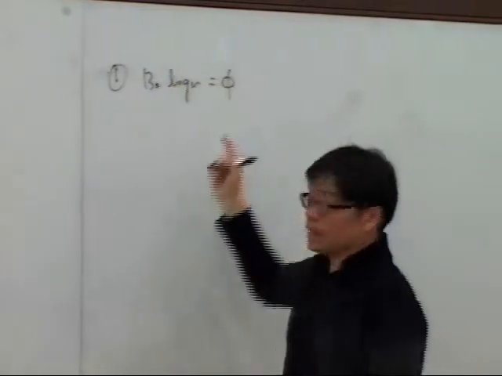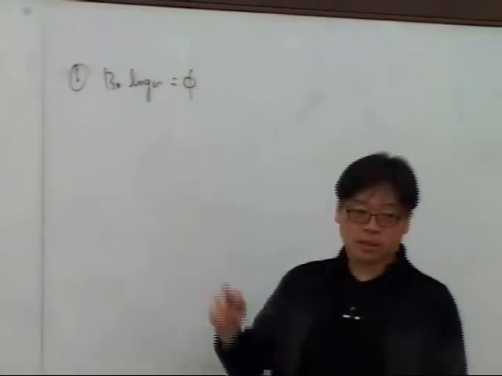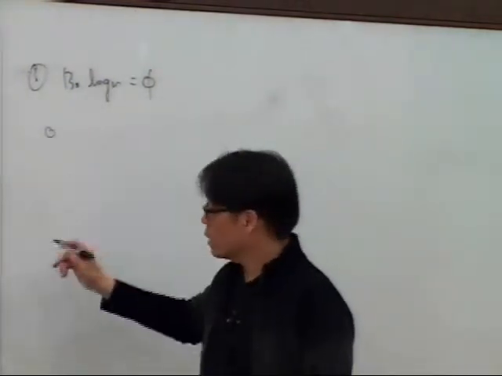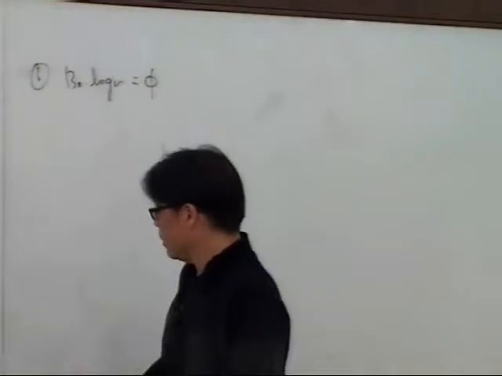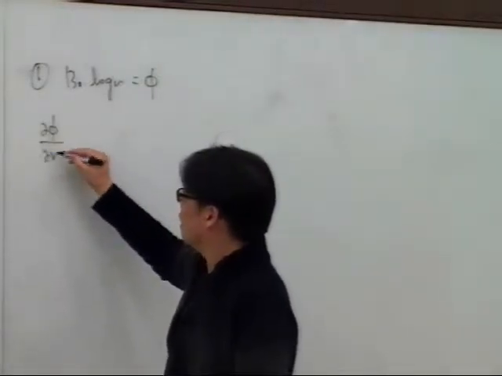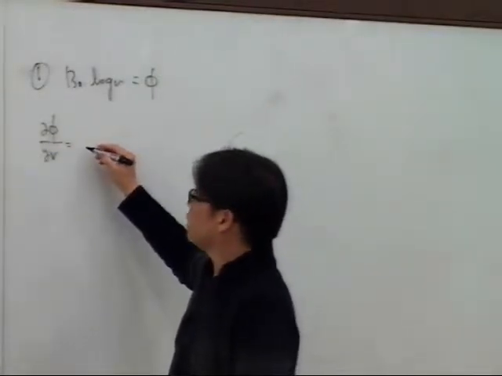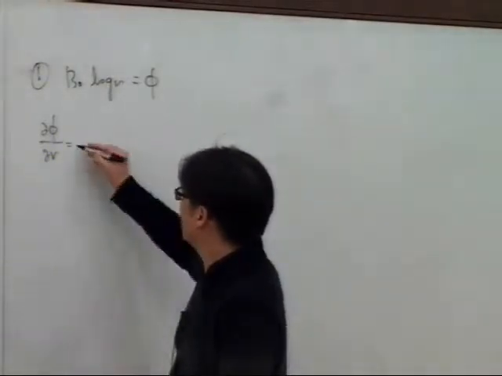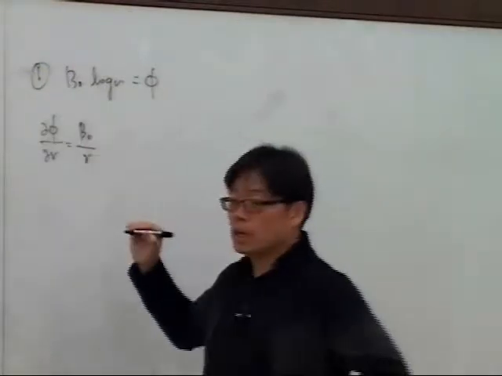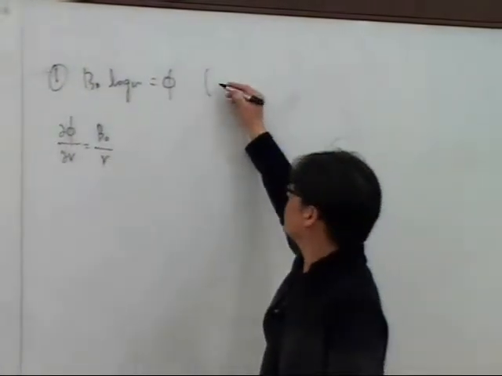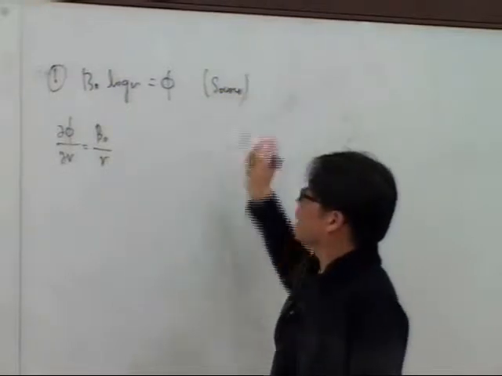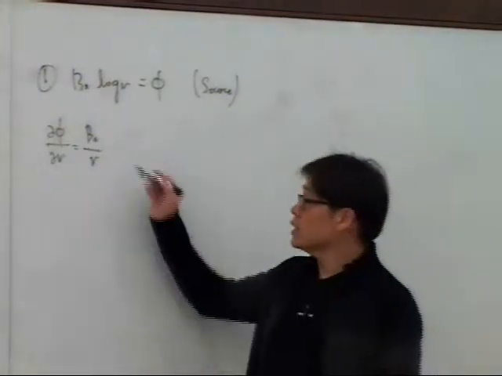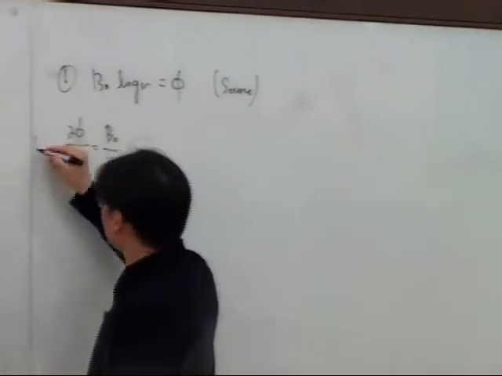This is phi, and then we realized that this is nothing but the velocity potential for a source, because when I take the radial derivative, I end up with 1 over r. This is the velocity potential for a source, and when you take the r derivative, we get this, and this is the radial velocity.